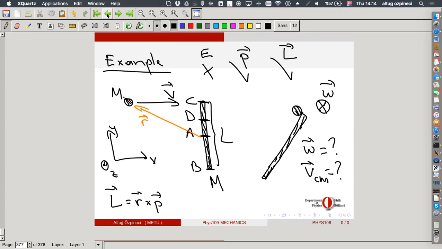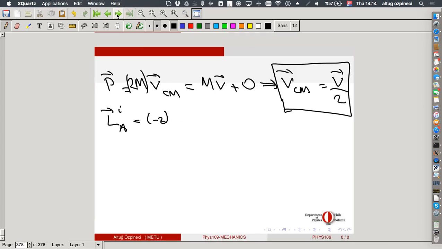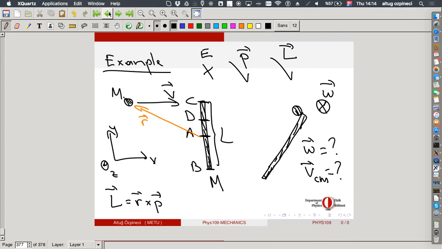What about the magnitude? Well, our definition was R times mv times sine of the angle between the two. Now the sine of the angle between the two is this angle, this is our theta.